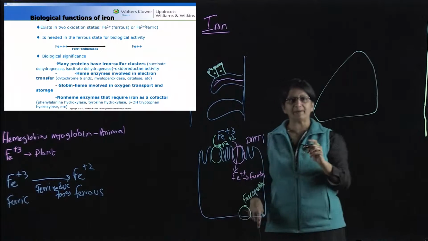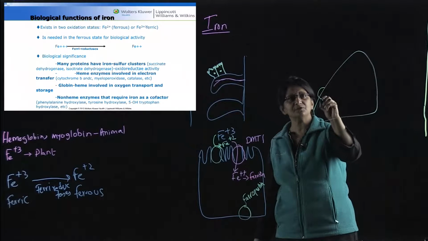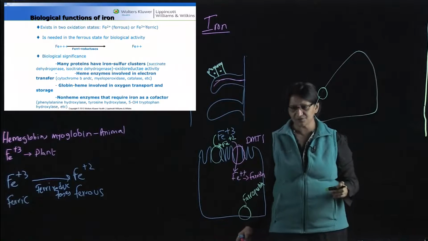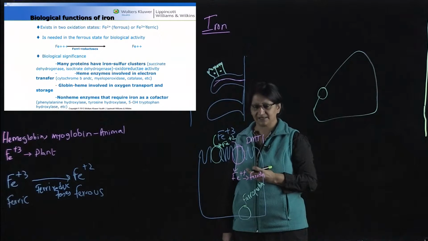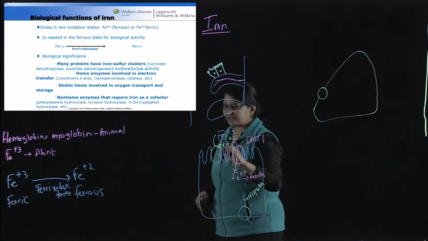And what you need to remember is that ferroportin is also present on liver cells, so that it can be used for the efflux of iron from the liver cells.